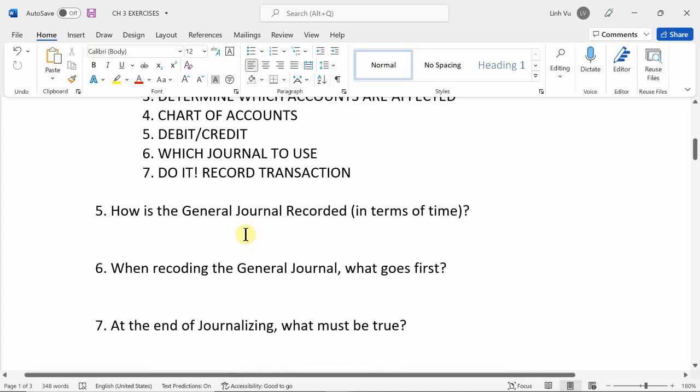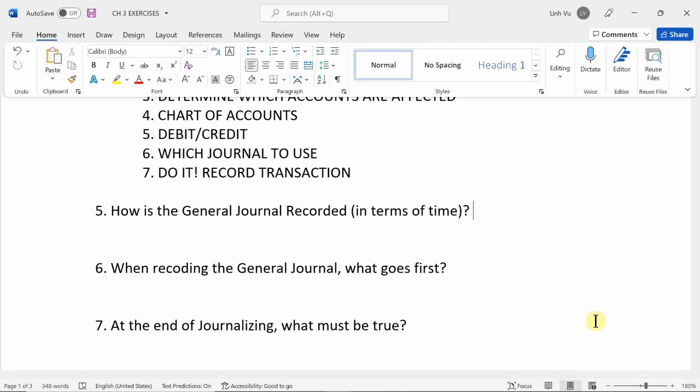Okay. Number 5. What is the general journal recorded in terms of time? Or sorry, how is the journal recorded? In this case, I'm saying how is the general journal recorded in terms of time? In the books of the business? In terms of time. Like, when do you record a transaction?